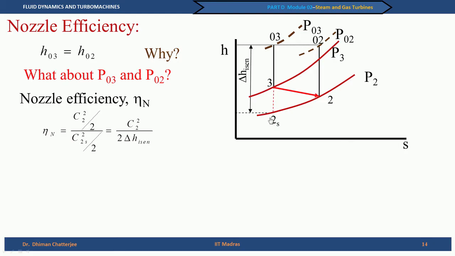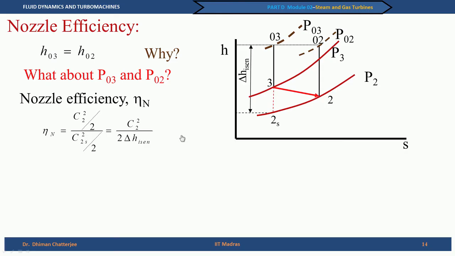And of course, we know that the ideal velocity is obtained from the isentropic expansion, and delta H isen refers to the total drop in enthalpy from the state 03 to 2s.